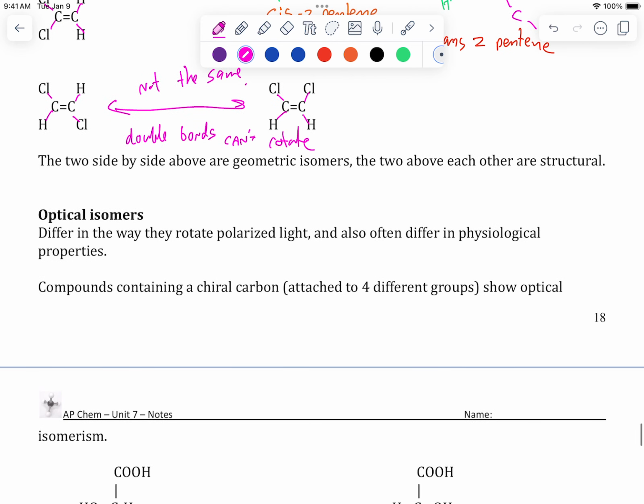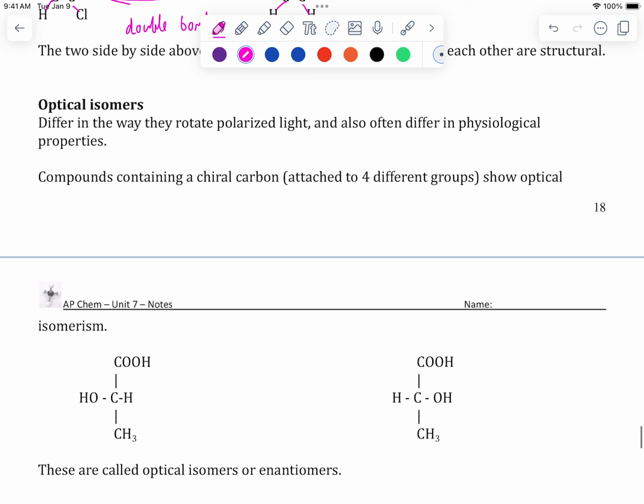So in pharmaceuticals, one of the most important concepts that you will study is optical isomers. And optical isomers have to do with the fact that nearly all organic compounds are rooted in carbon, and all carbons can make 4 bonds.